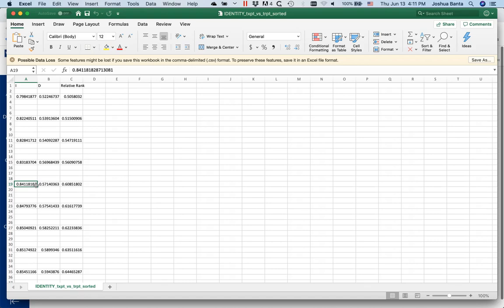The null hypothesis in this case is that the niches of the two species are not significantly different from one another. And the alternative hypothesis is that the niches of the two species are significantly different from each other. So if the empirical I value is greater than the critical I value, you accept the null hypothesis.